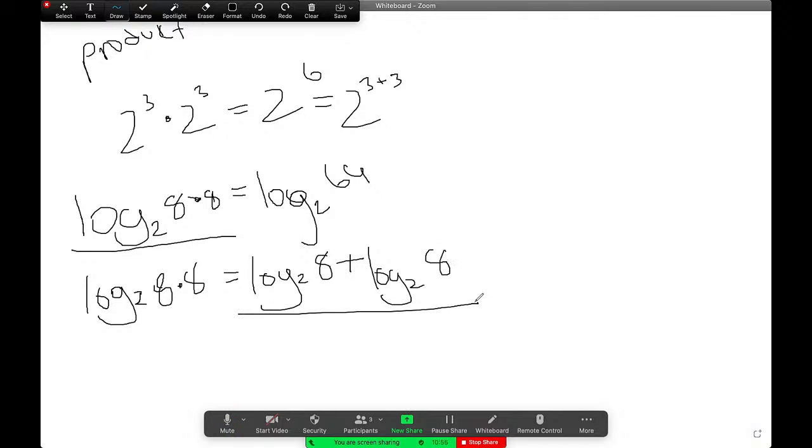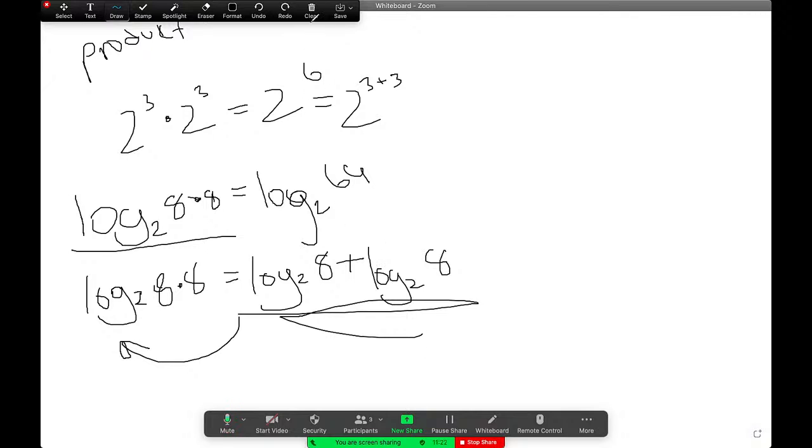So this is the same thing as this. Does everybody see how that connects to this? Because here you're adding exponents, and these are basically exponents, but backwards, since the answer you're getting is exponents. So you're adding exponents here, and you're adding exponents here. That's pretty cool, right?